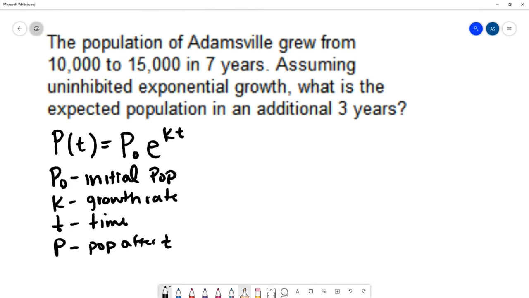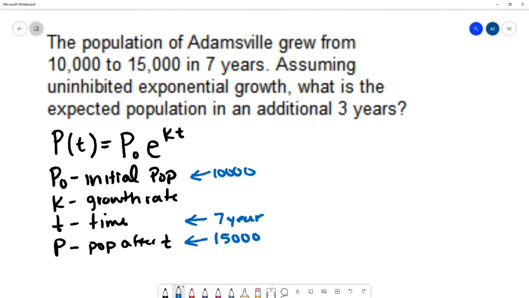So this information in the first sentence: the population of Adamsville grew from 10,000 to 15,000 in 7 years. So we've got a starting population of 10,000. It grew to 15,000 in a time period of 7 years.